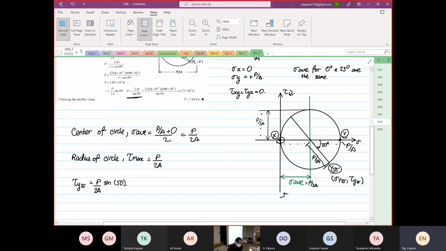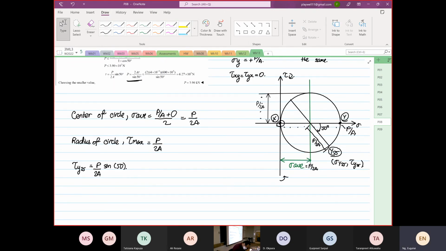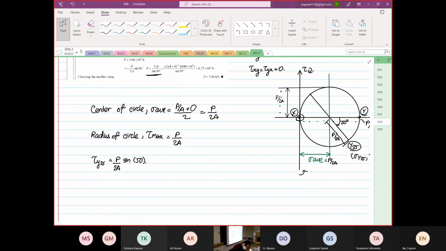Okay. So to get our normal stress Y25, it is equal to P over 2A plus P over 2A cos 50.